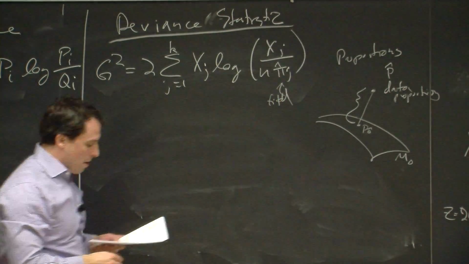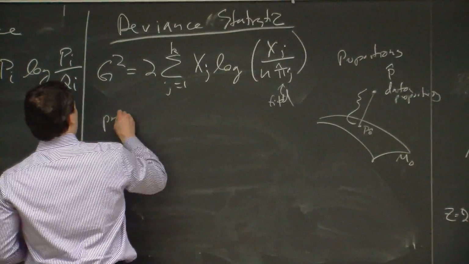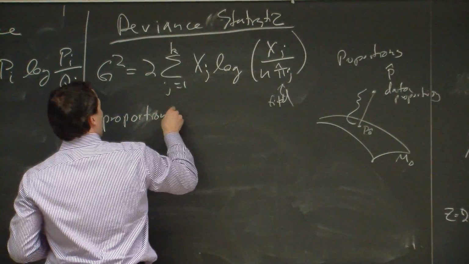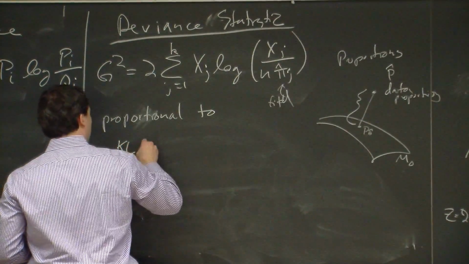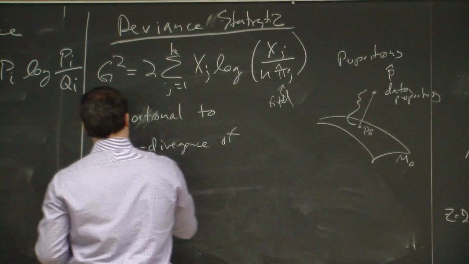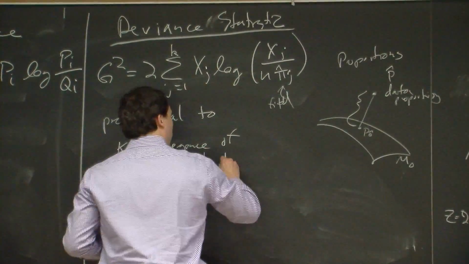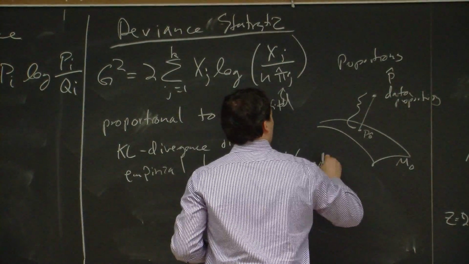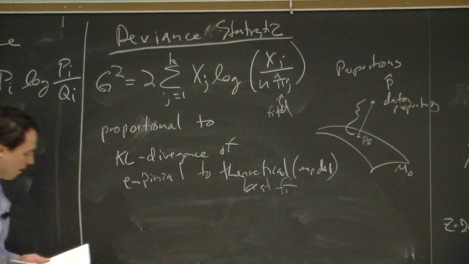And this G squared is proportional to the KL divergence of empirical to theoretical, at the best fit. Okay, that's the idea.